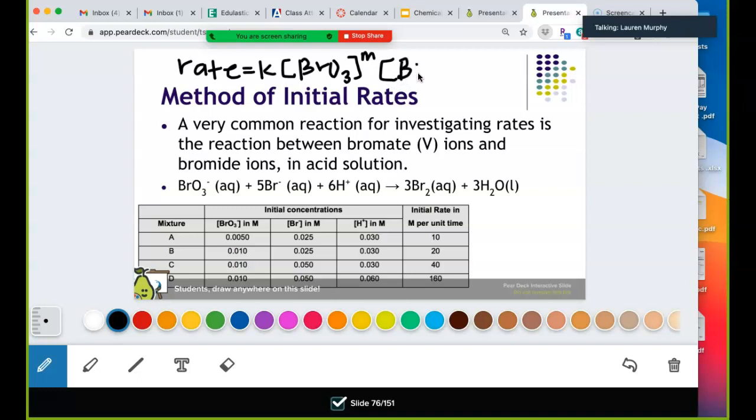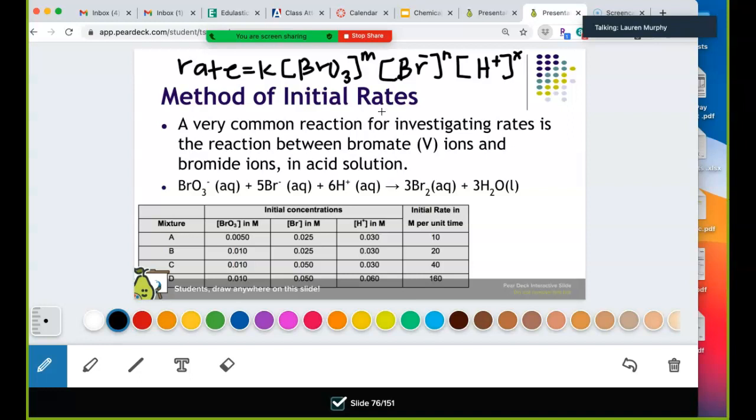Bromide is another reactant, raised to some power. And hydrogen ion raised to some power. I don't want to use M, N, O, because O looks like a 0, and we know 0 can be a power, and I just don't want to confuse it.